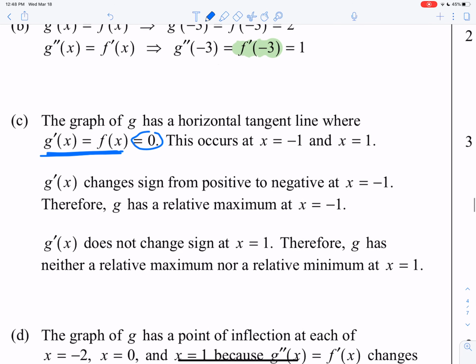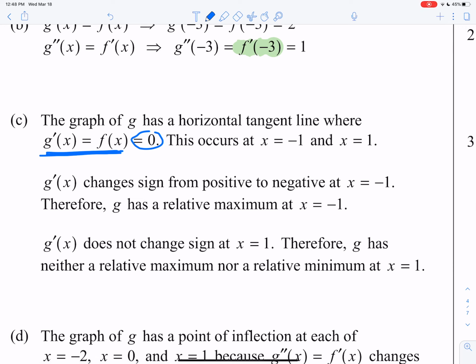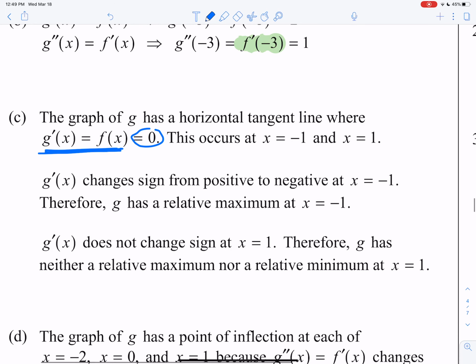So they basically wrote it in words. You could definitely simplify it. I would definitely say, at x equals -1, G has a local max, since G prime goes from positive to negative at x equals -1.